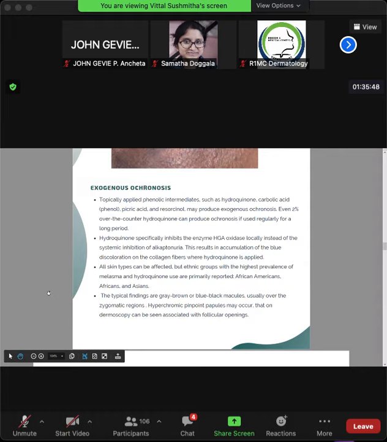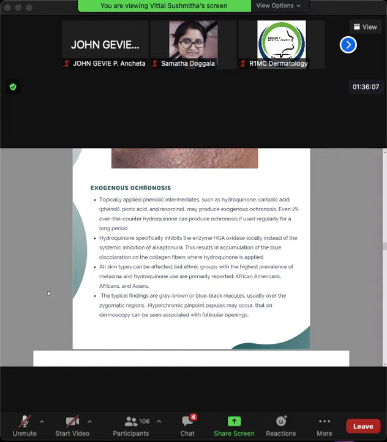The hydroquinone inhibits the enzyme HGA oxidase locally, instead of the systemic inhibition seen in alkaptonuria, and this results in accumulation of blue discoloration on the collagen fibers where hydroquinone is applied.